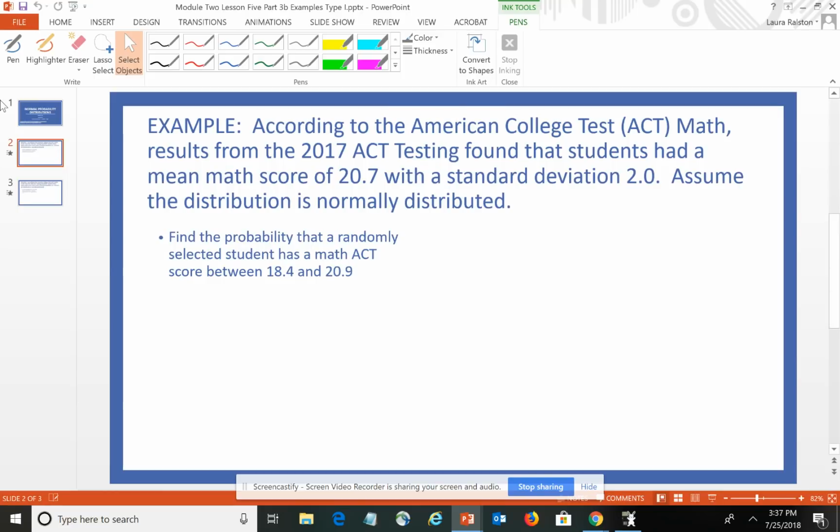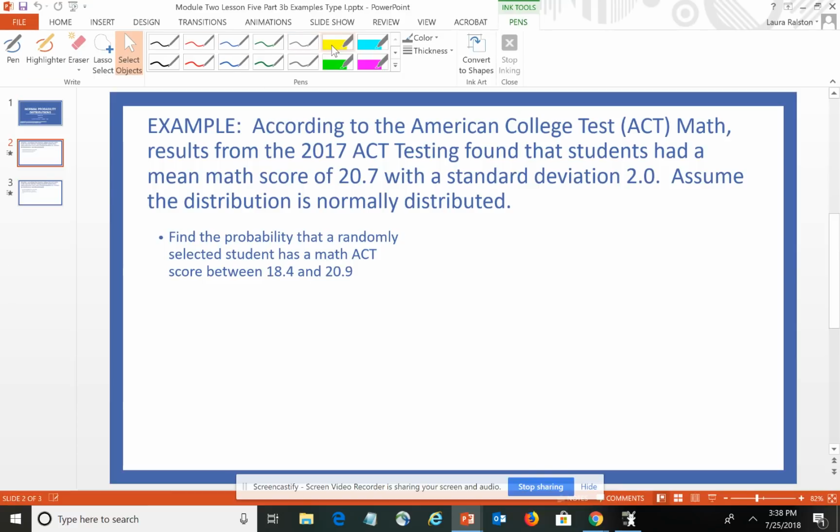We're using the same example that we had earlier. According to the American College Test ACT Math results from the 2017 testing, students had a mean math score of 20.7 with a standard deviation of 2, and assume the distribution is normally distributed.